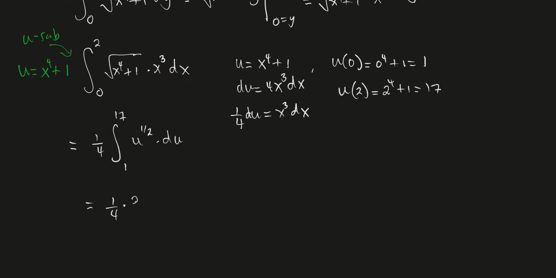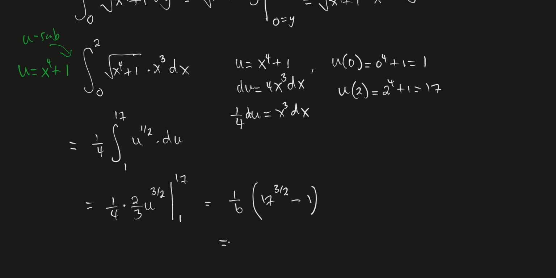Antiderivative of u to the 1/2 is 2/3 u to the 3/2, and then we evaluate it at 1 and at 17. So let's simplify the coefficient. That gives us 1/6, I believe, and then at the upper limit we will have 17 to the 3/2, and then minus 1.